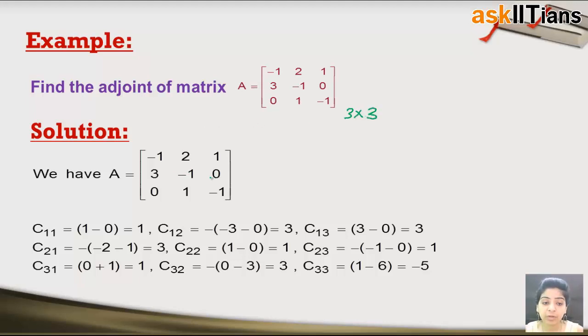First step, always remember you have to find out the cofactors corresponding to each element. So I take this element, we have C11. You need to cancel out this column and this row. You are left with 1 minus 0. This gives me 1, and for the sign, 1 plus 1 is 2, that is even, so we'll have a positive sign. So we get it as 1.